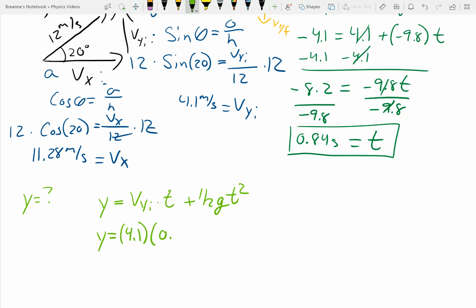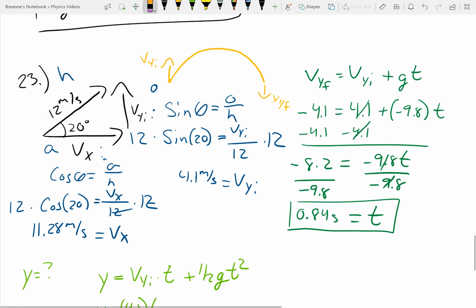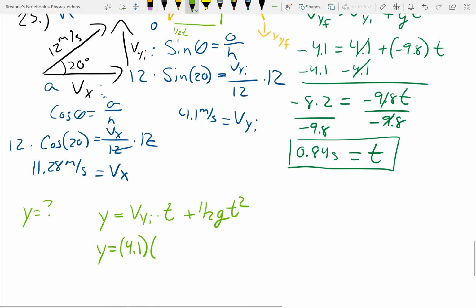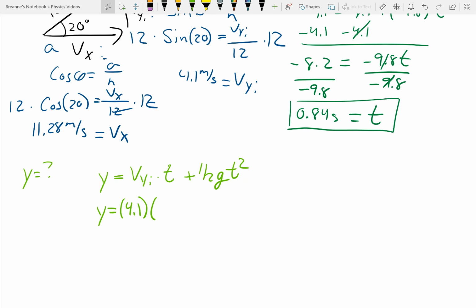Now, key thing about our time on this one: when does max height happen? Yes, max height happens at half time. So we would have to take this time and divide it by 2.